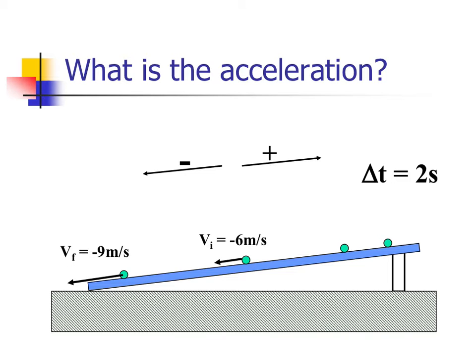Final, as we can see, the arrow is bigger: a negative 9 meters per second, with a time interval of 2 seconds. If we do the math, I have to get all my colors correct here.